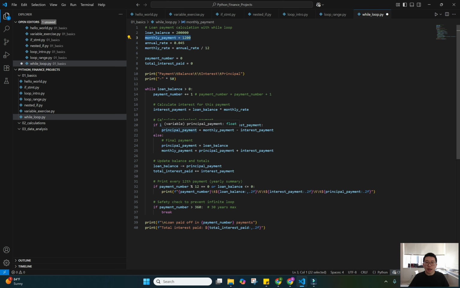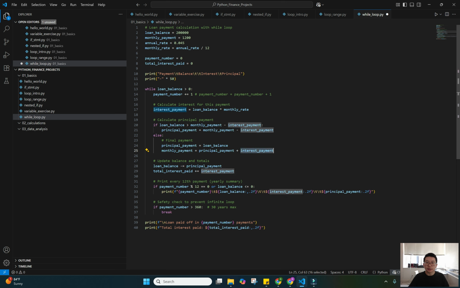As long as the loan balance is greater than the monthly payment, the principal amount should equal the monthly payment minus the interest payment. If the loan balance is less than the monthly payment, then the principal payment would equal the loan balance at the end, right? And this is essentially the last payment. The last monthly payment would be the principal payment plus the interest payment.